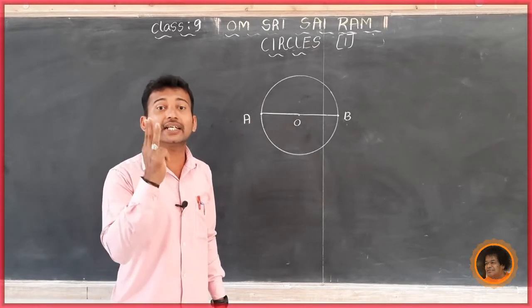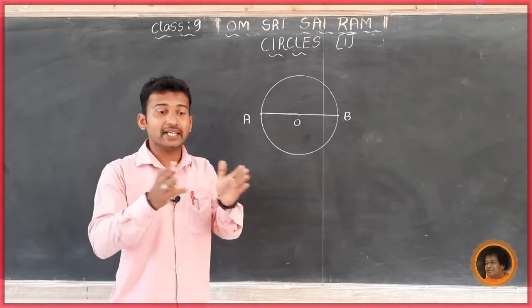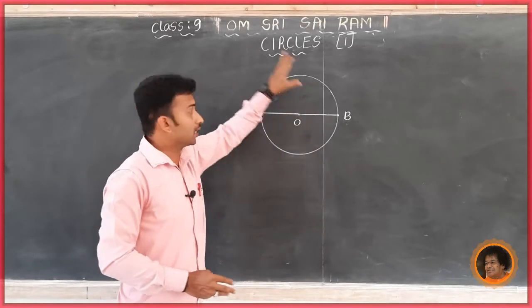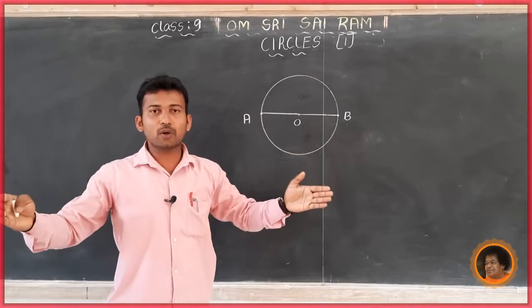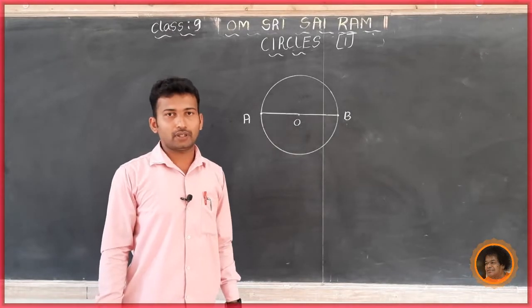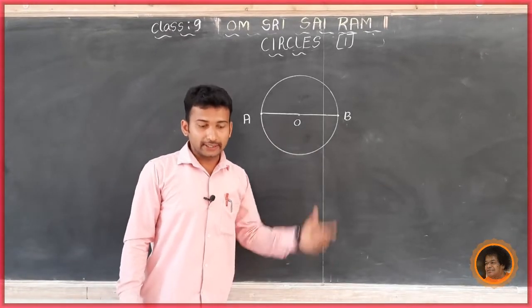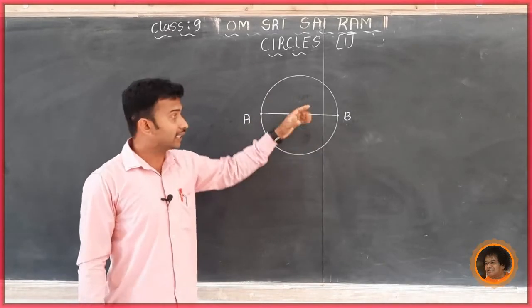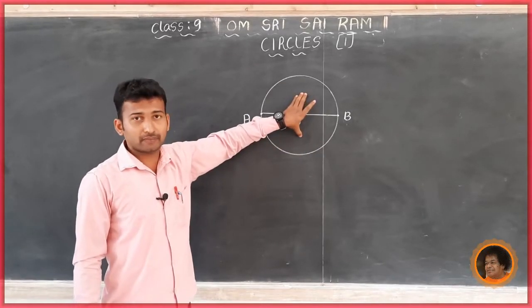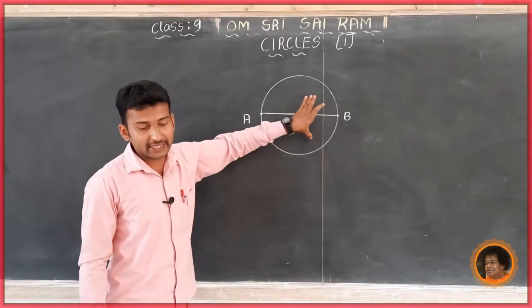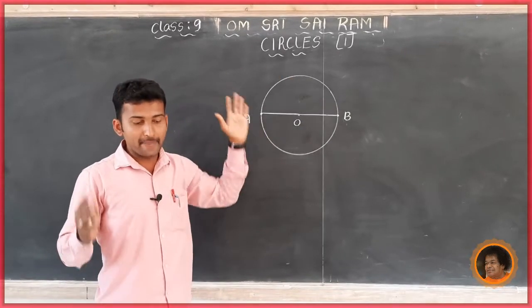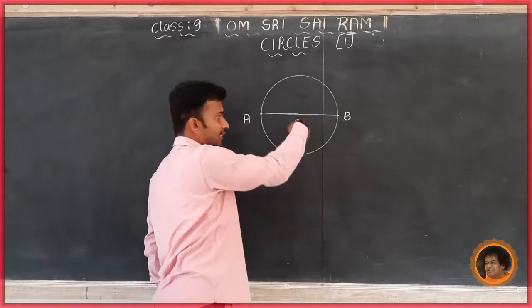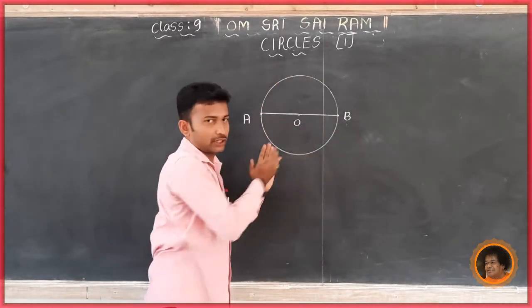These are the three regions: the circle divides the plane into three parts. The circle and its interior part make up the circular region.